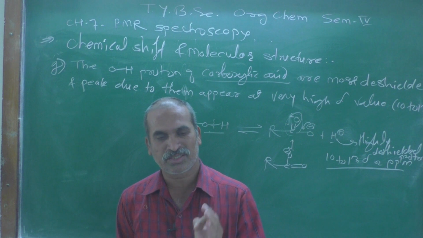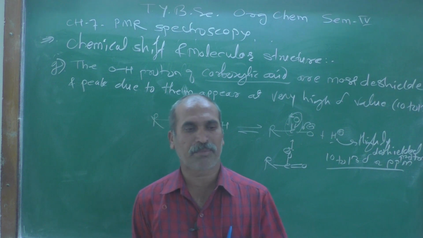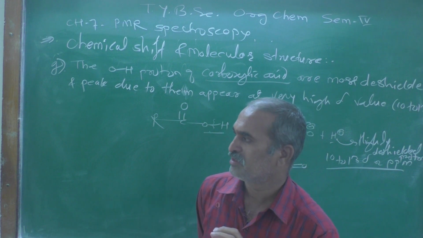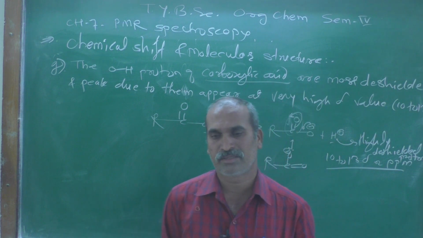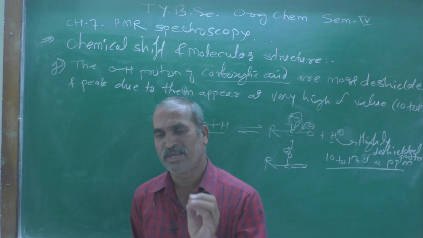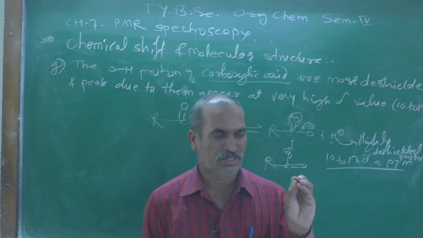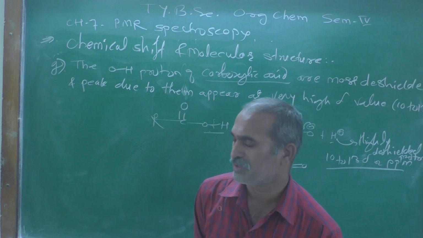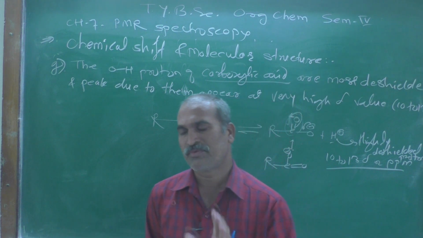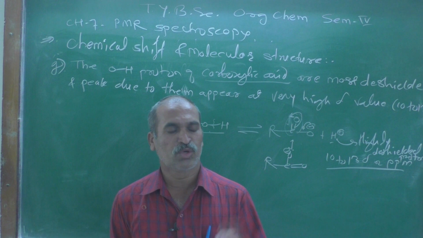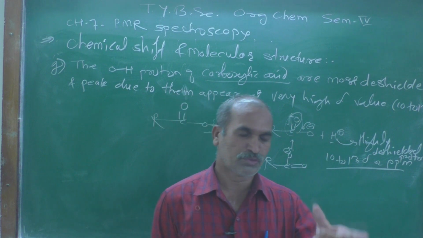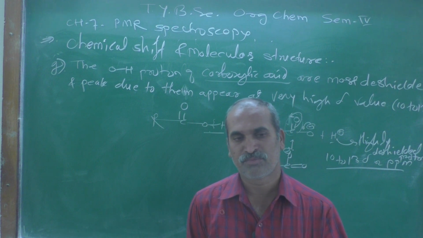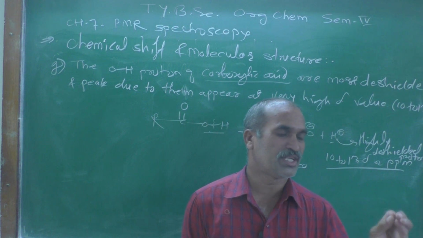Suppose the peak appears around 0.9 delta, it clearly indicates that the protons are saturated protons. If the value appears around 2.3, it clearly indicates benzylic protons.